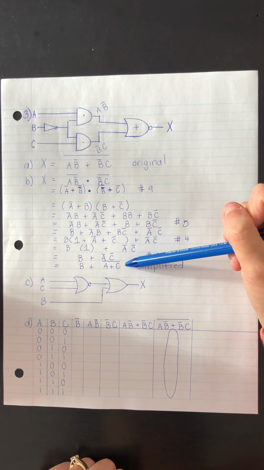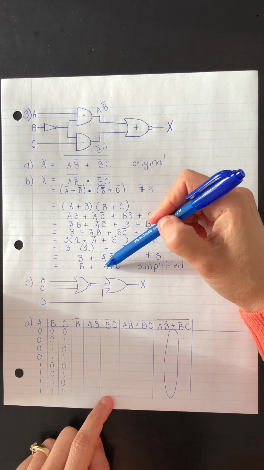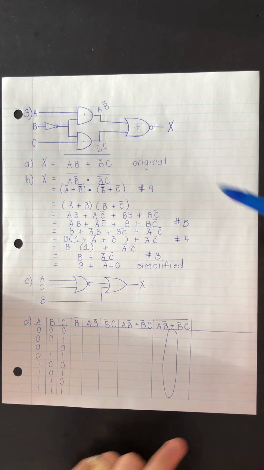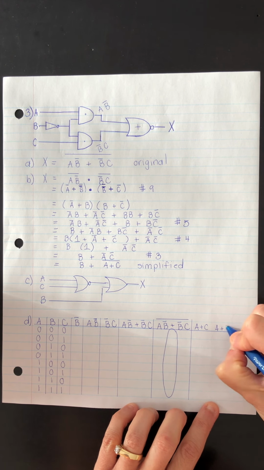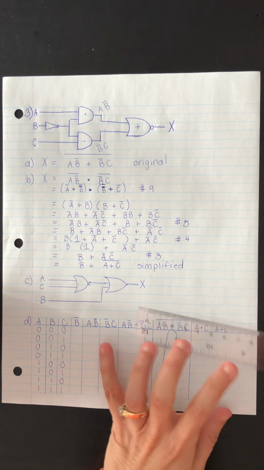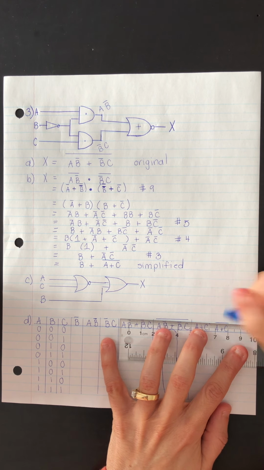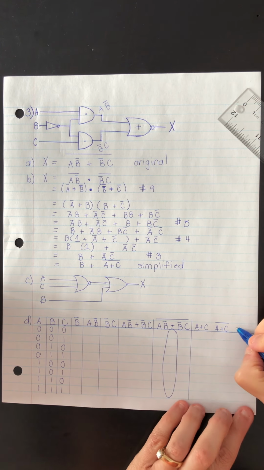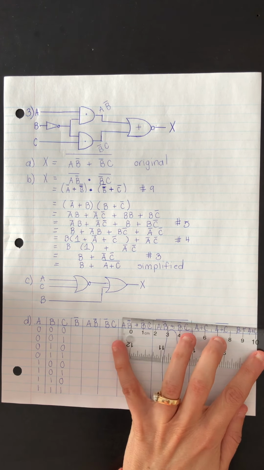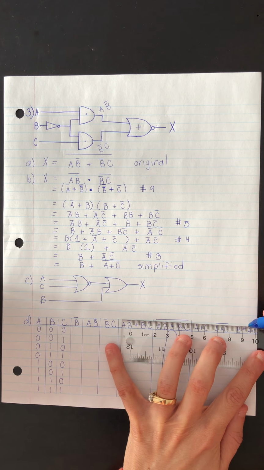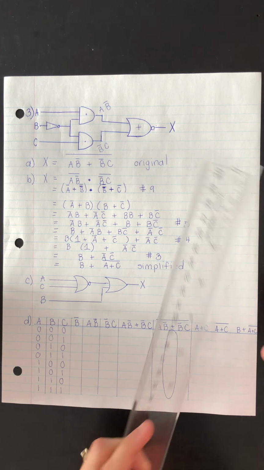As for the simplified, looks like I would need an A plus C, then an A plus C inverted. And then I could finally do the simplified expression, the final expression.